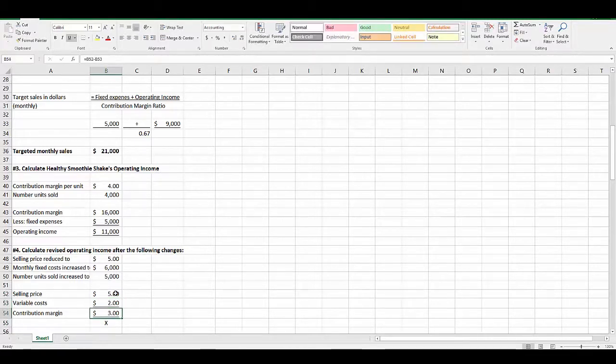So that means we have a contribution margin of 3. Now, as a result of lowering your price, the company expects to increase the number of units sold to 5,000 units, instead of 4,000.